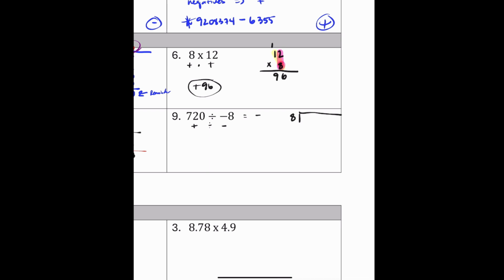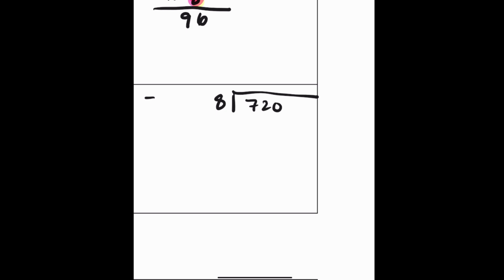Here's my division symbol. And we're going to put 720 underneath that, okay? So our goal here is to figure out how many times does 8 go into 720. Well, I like to work with smaller numbers, right? So let's just cover up this 0 and figure out, okay, how many times does 8 go into 72?